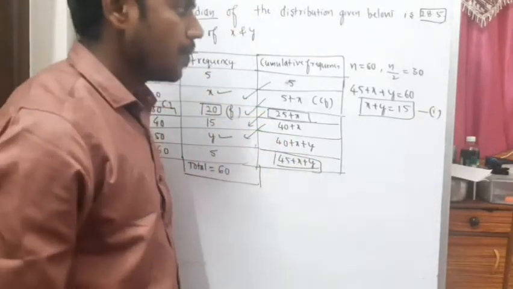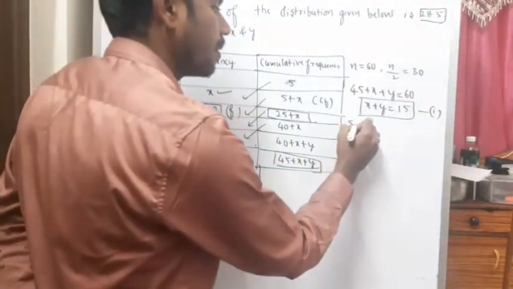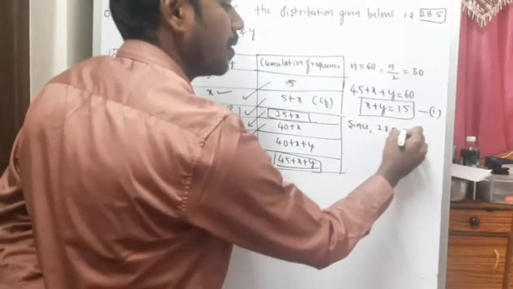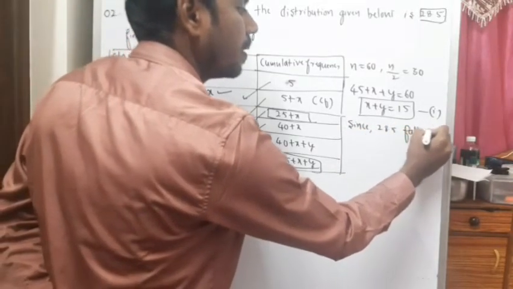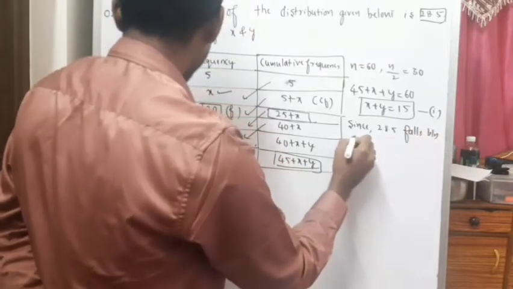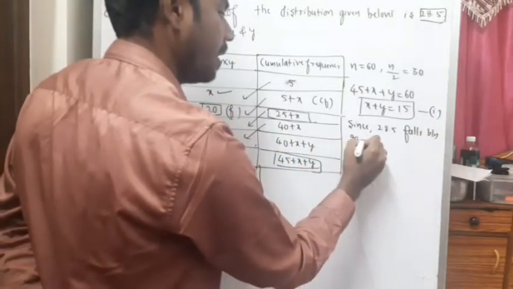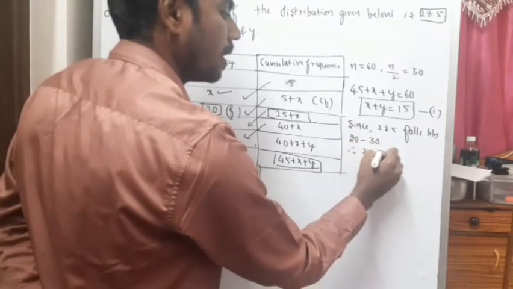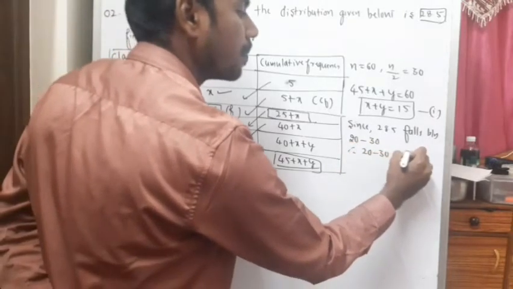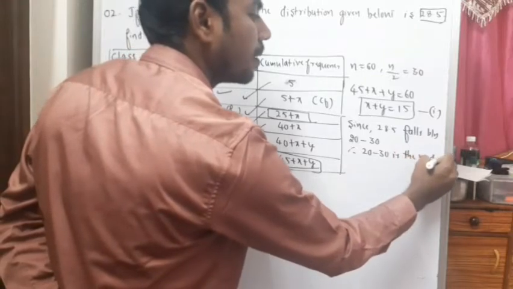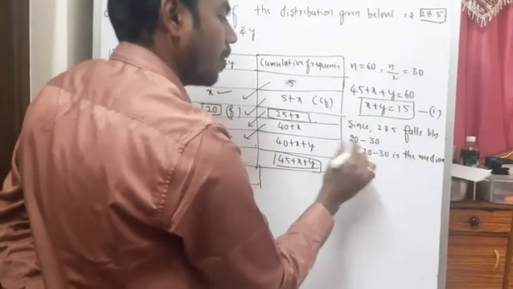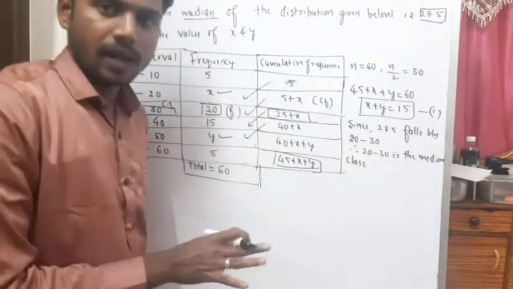Now see, since 28.5 falls between 20 and 30, therefore 20 to 30 is the median class.